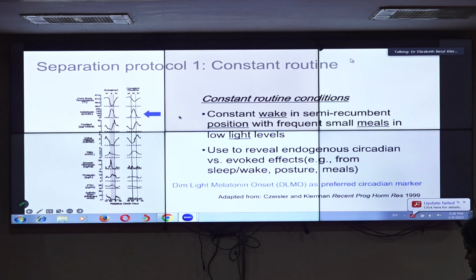But this melatonin does not seem to be affected by sleep or wake, or by eating primarily, and so we usually use it as a circadian marker, because as long as somebody's in dim light, they don't need to do a constant routine.